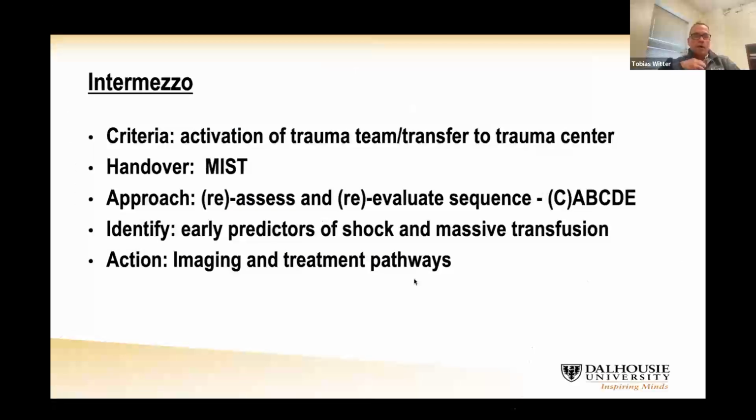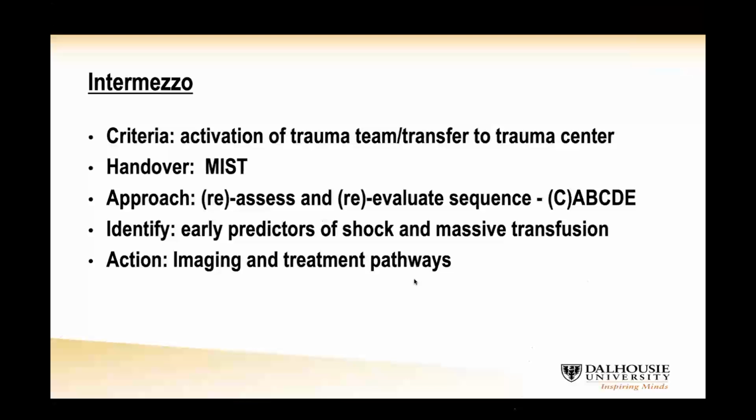So where are we at the moment? We went over criteria for activation of the trauma team and transfer to a trauma center. And my assumption is that they're pretty much roughly the same around the world. There are handover protocols, which standardize the communication between the sending or handing over team and the receiving team.